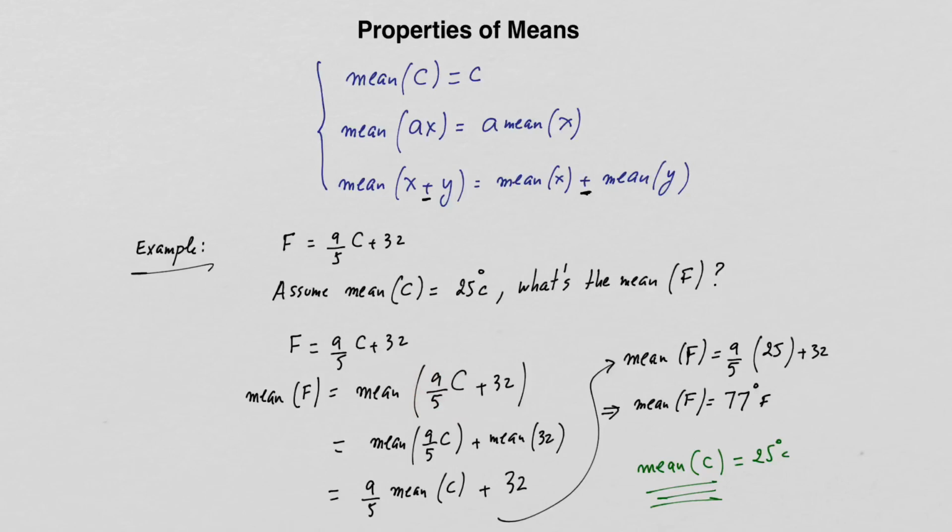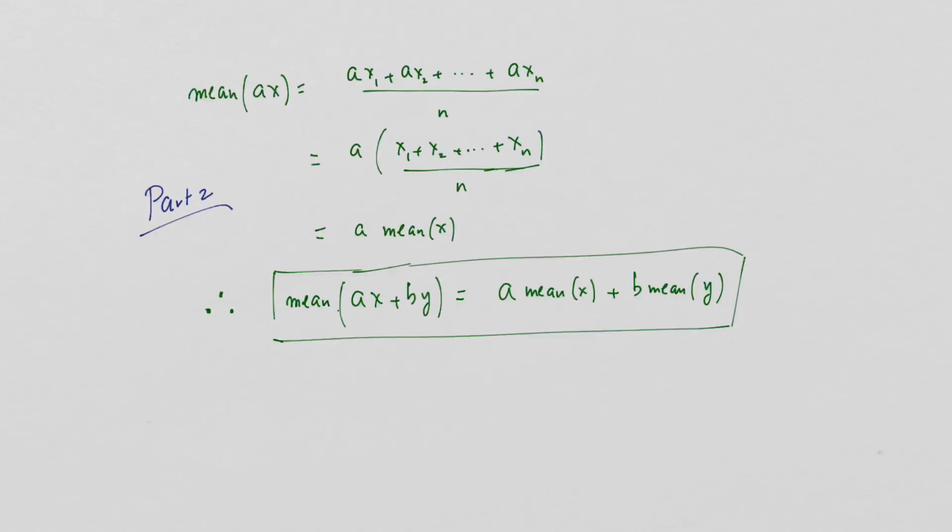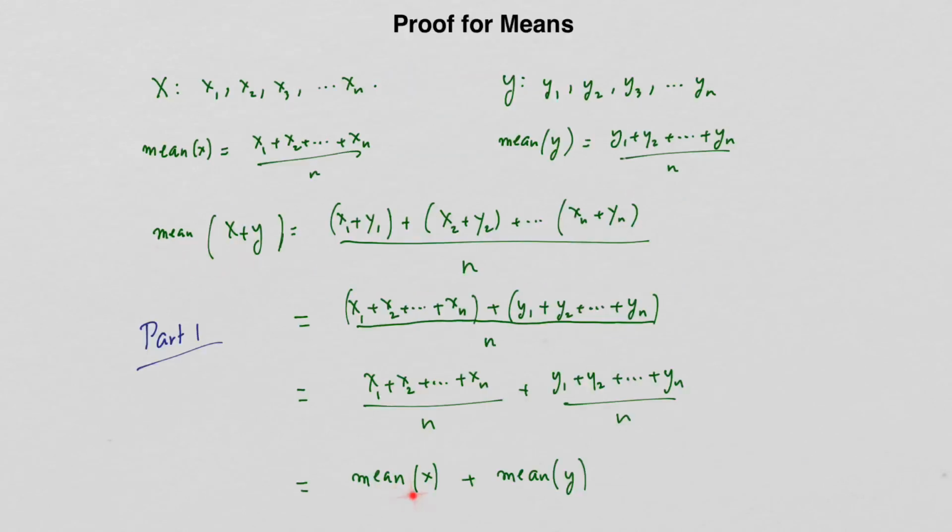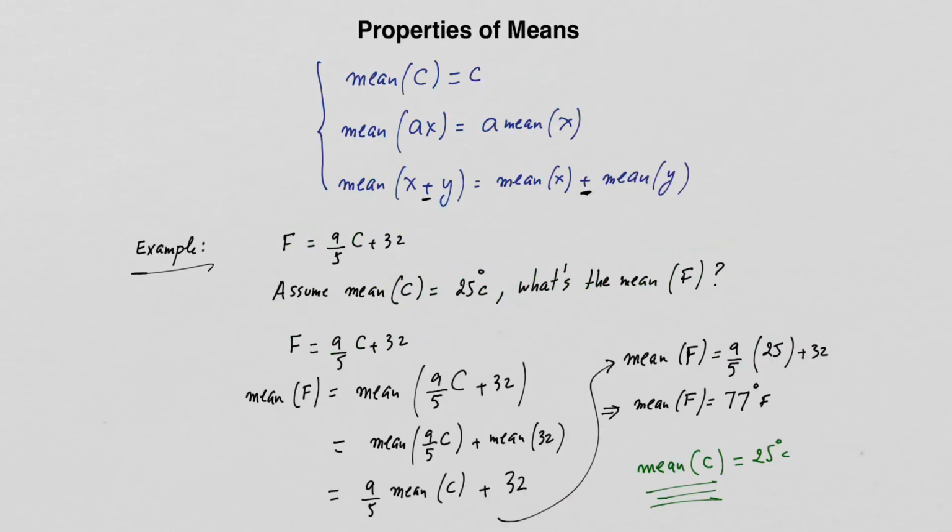So we're going to slow down. We will begin with the sum. The mean of the sum is the sum of the means. We just proved it here, part 1. The mean of the sum is the sum of the means. So I'm going to do the mean of this plus the mean of that. Do not take the 9/5 yet. You've got to begin with the sum.